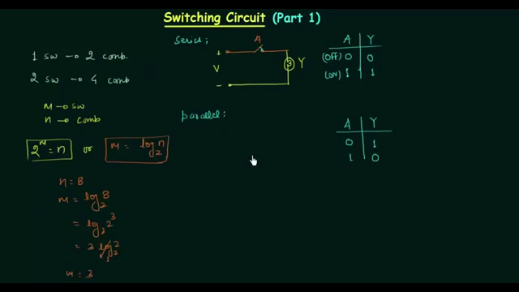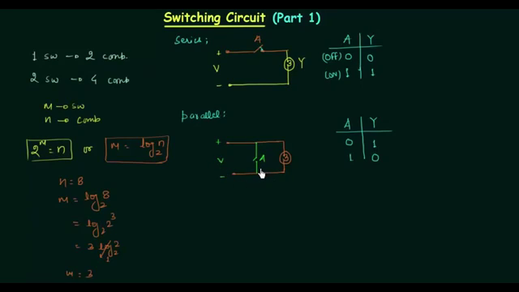Okay, we will have the bulb as our output, and now we will have a new position for our switch. The switch will now be connected like this. This is A, our switch, and this is the potential difference that we are applying.